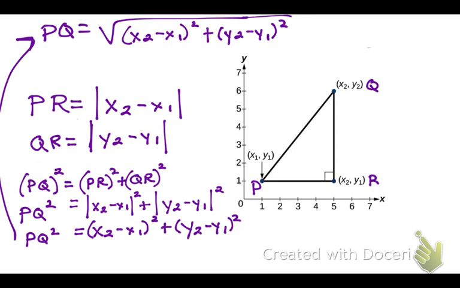Right? So that is your distance formula. So your distance formula is the Pythagorean theorem. We just have to think about the lengths of our sides. Okay, so there's the derivation of the distance formula from the Pythagorean theorem.